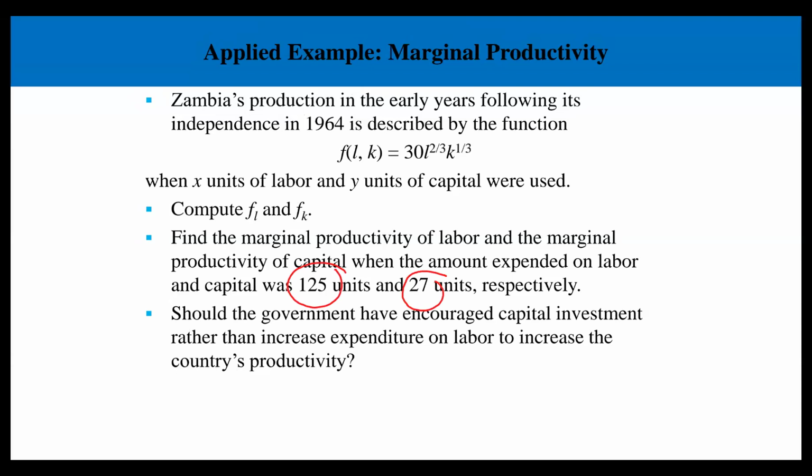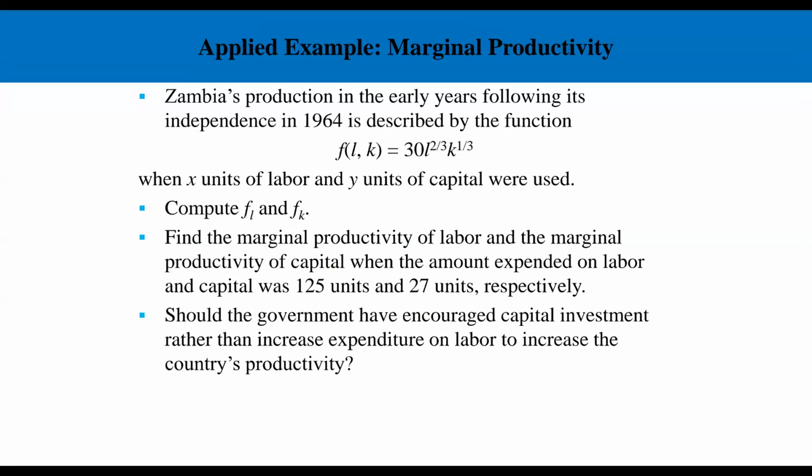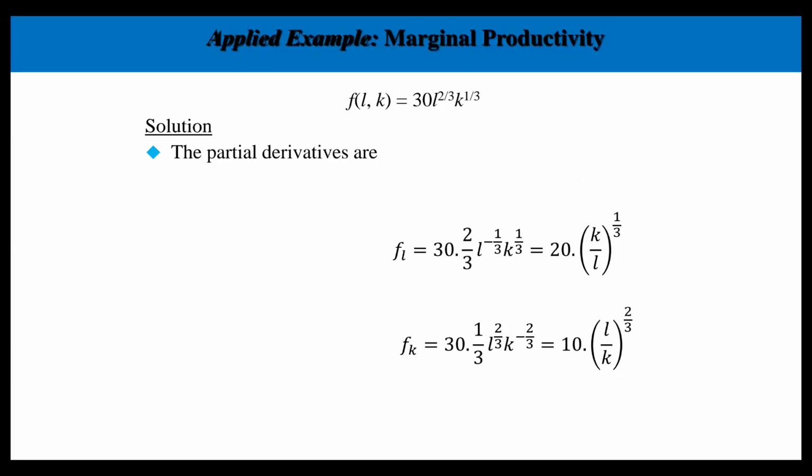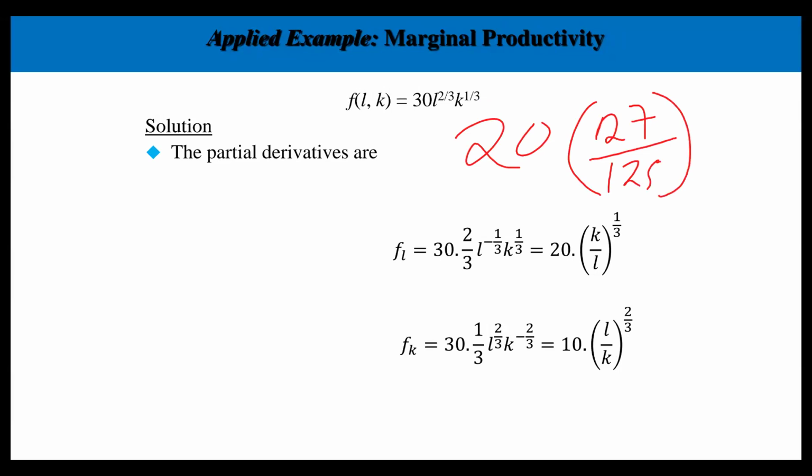So we're just going to replace into these two functions. The first one is this one, 20 multiplied by capital over labor. What is capital? Capital is 27 divided by 125, right? To the power 1 over 3, or the cube root. How do you deal with this? We all know that we can write this as 20 times 27 over 125, and this power is for everything.